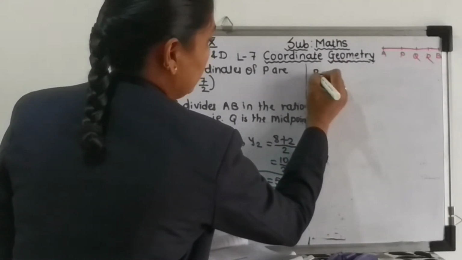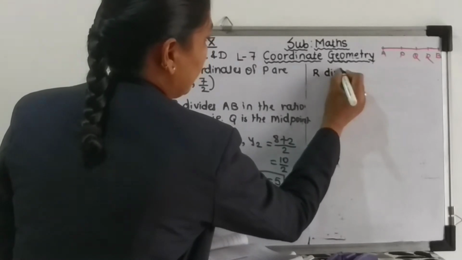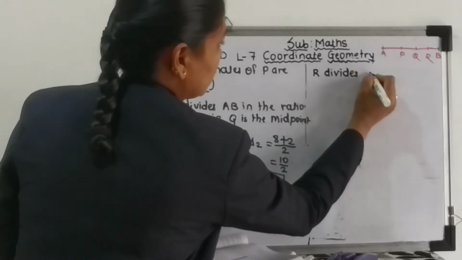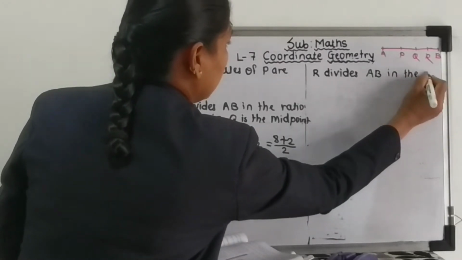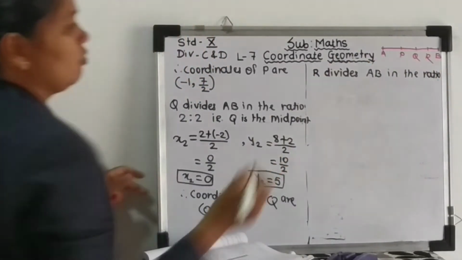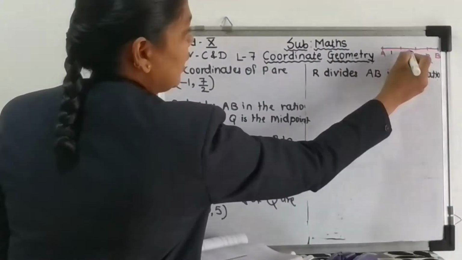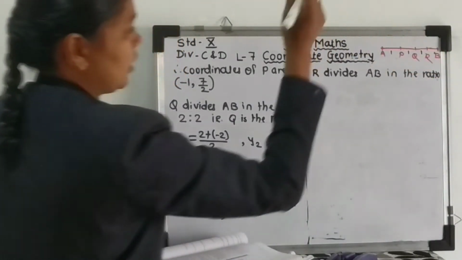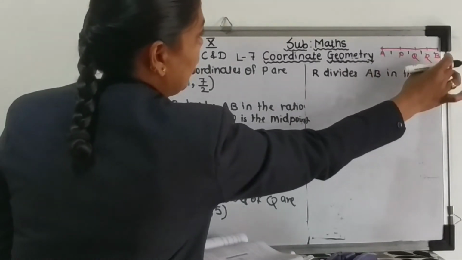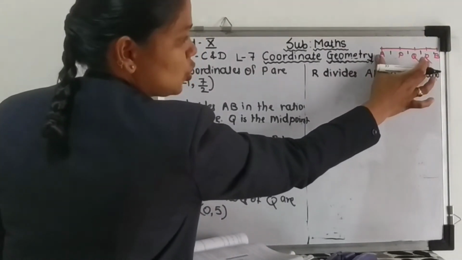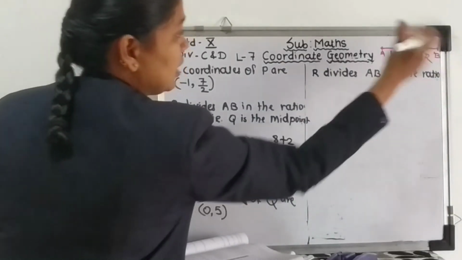Point R, or R divides AB in the ratio. What ratio? See, this is 1, 1, 1 and this is also 1. So we are going to find out what? That AR upon RB. So AR is total 3 and RB is 1.